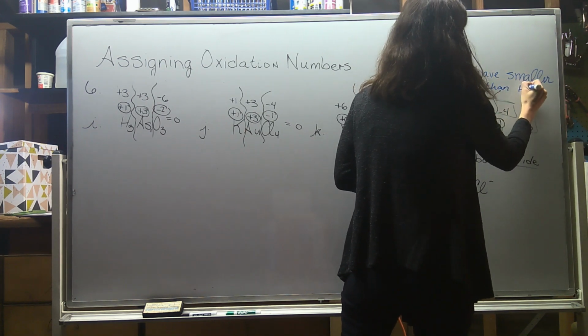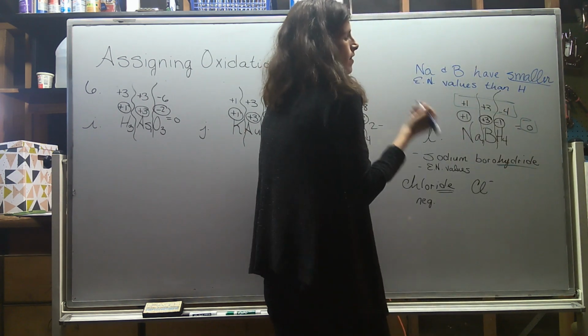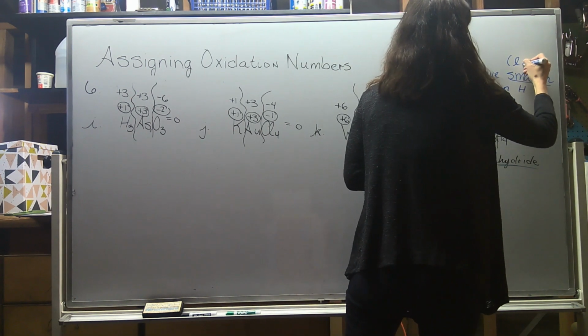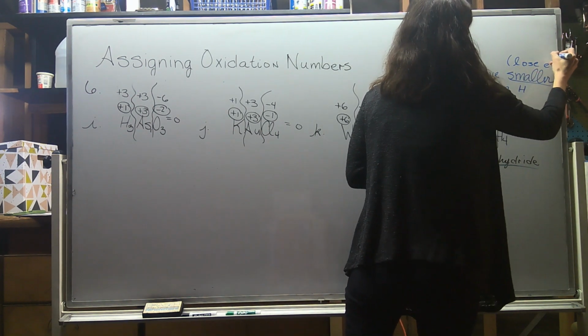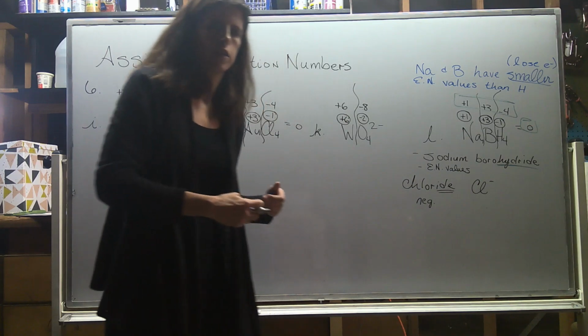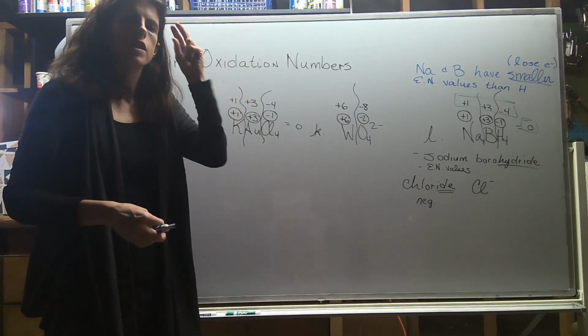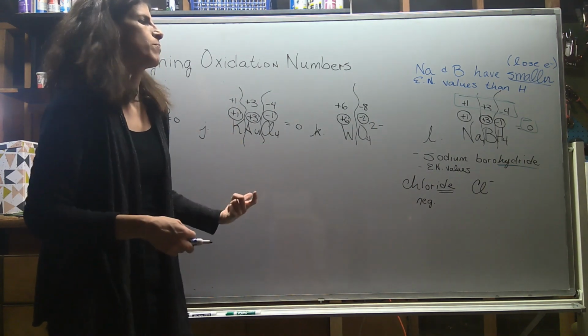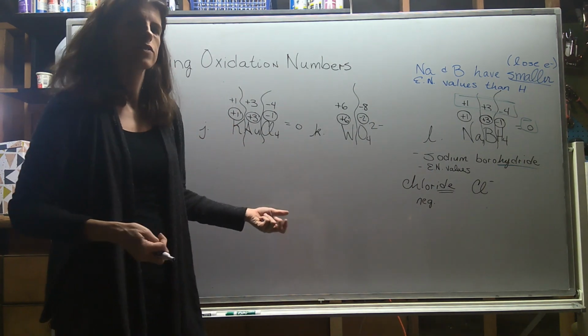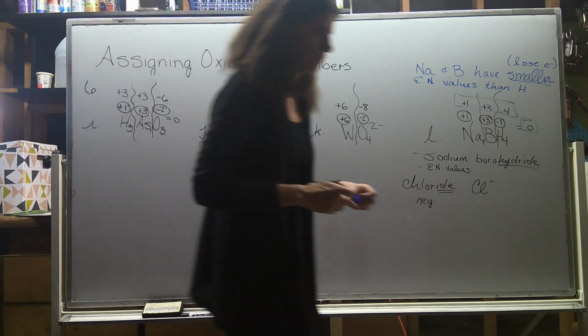If someone has a smaller value, then that means it's going to lose electrons to the other atoms that have greater electronegativity values. But again, super tricky one, just putting it out there to get you thinking about it. It wouldn't be something necessarily for this course, but again, just so you're aware of it.